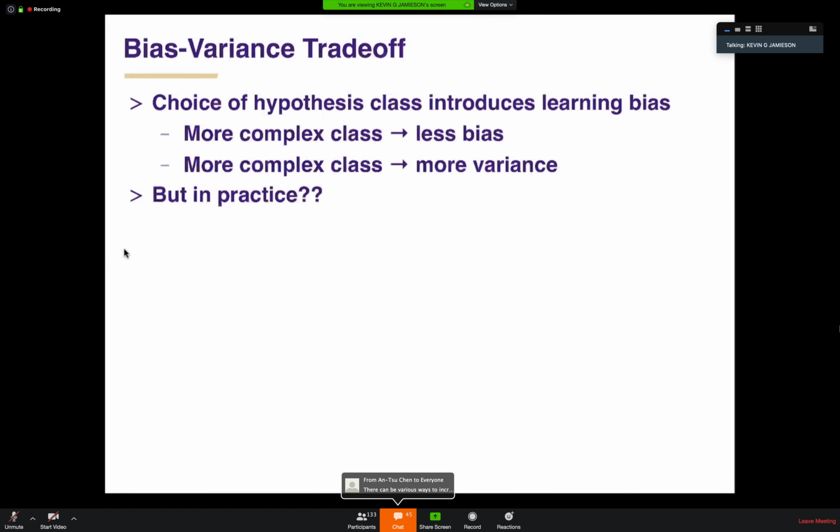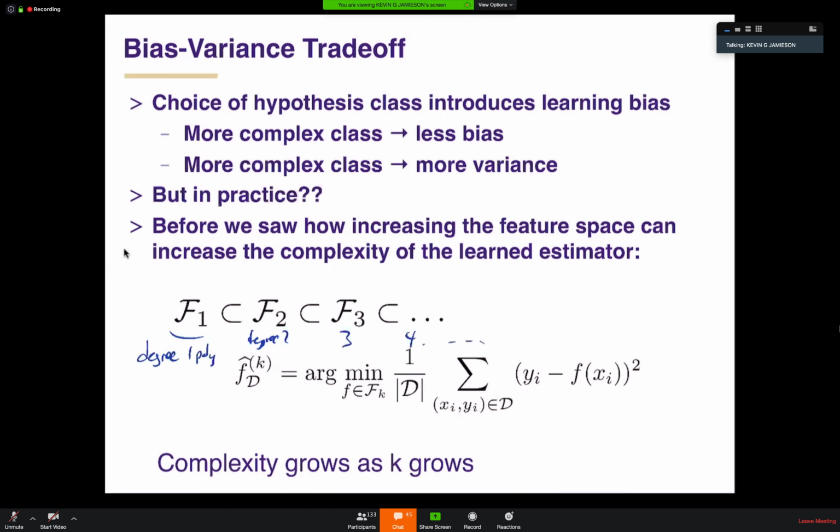So basically, cal F sub k denotes all polynomials of degree at most k. And so one is enclosed in the other, and they're just getting strictly more and more complex. And this is just a model to think about something.